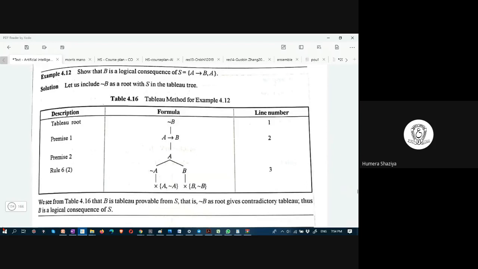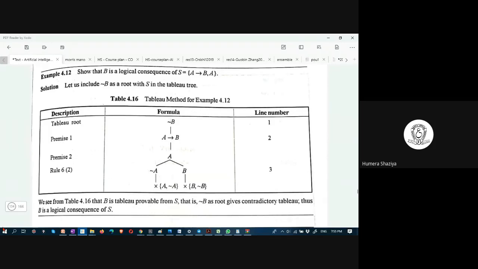When premise 1 is applied, here you can introduce A implies B, and from here we get A, and this can be written as not A, B. And here this is closed and this is closed, which says that B is tableau provable from S, that is, not B as root gives contradictory tableaux. Why is it giving contradictory tableaux?